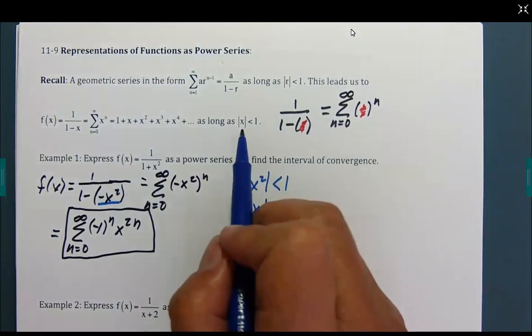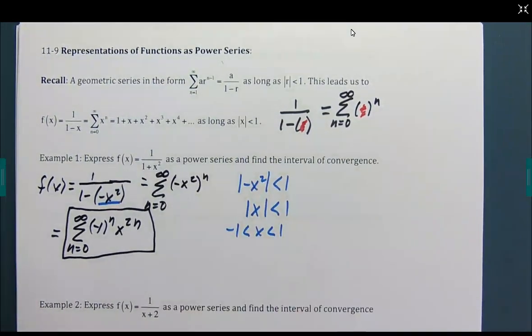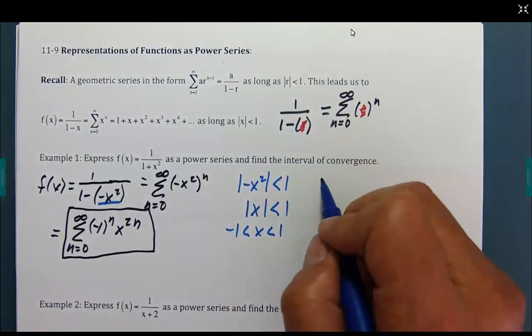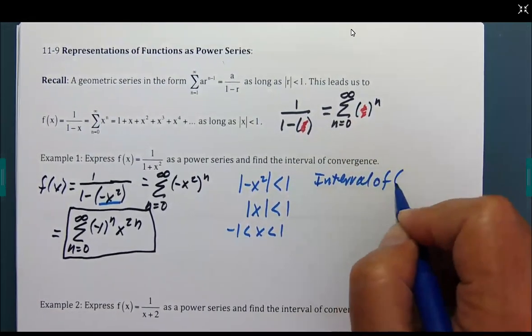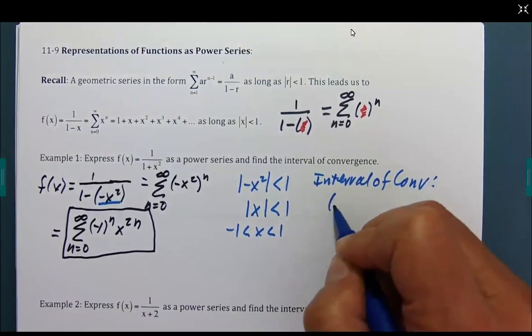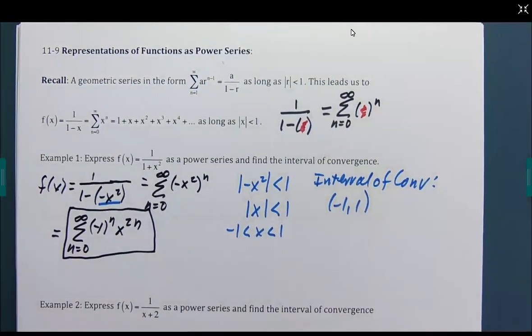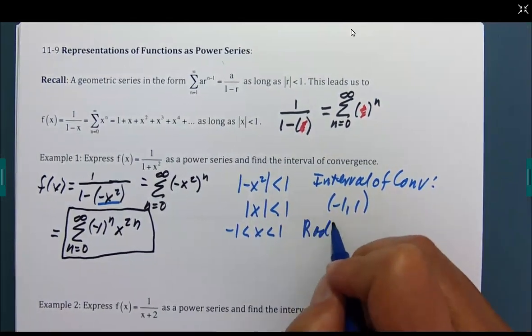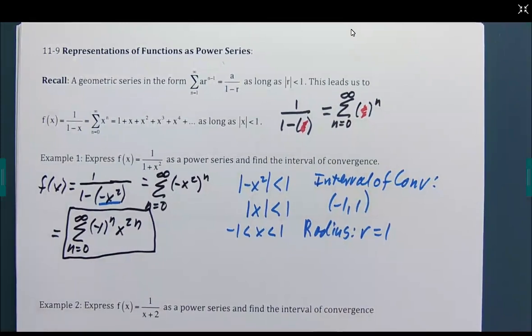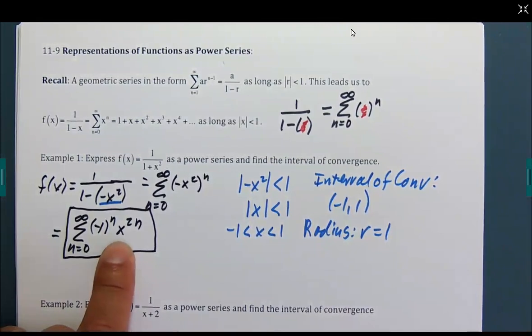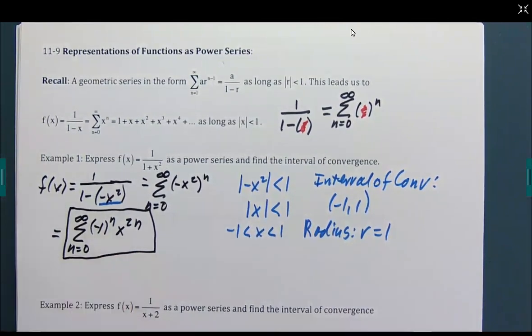We already know that if r equals 1, we have a problem; it's going to diverge. So r needs to be strictly less than 1. So our interval of convergence is -1 to 1, and our radius is r equals 1. And we are centered at 0. We can see that here. That's not like x minus 3 or something.